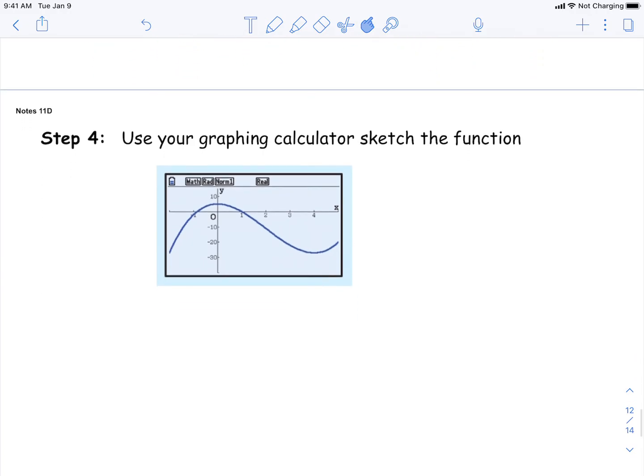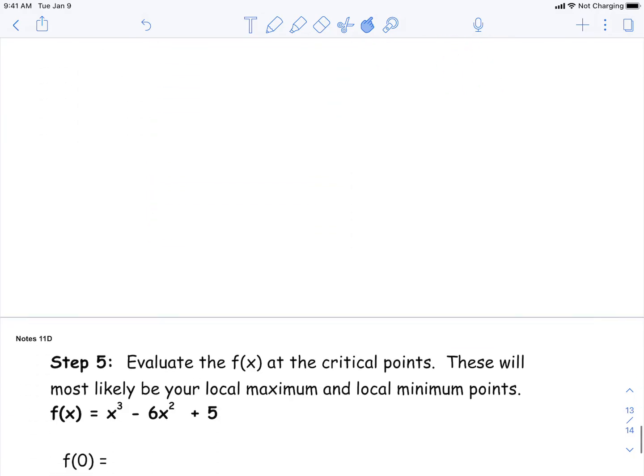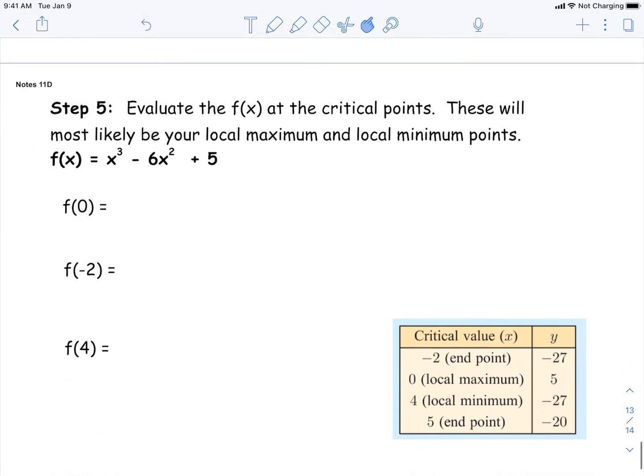So now we're going to sketch. We're going to type the original function into our graphing calculator. And here is what our graph of our cubic function looks like. Then from there, we can evaluate the original function at those critical points.